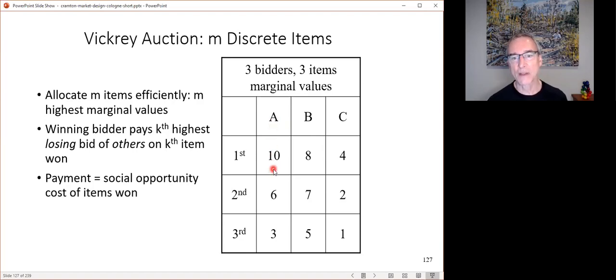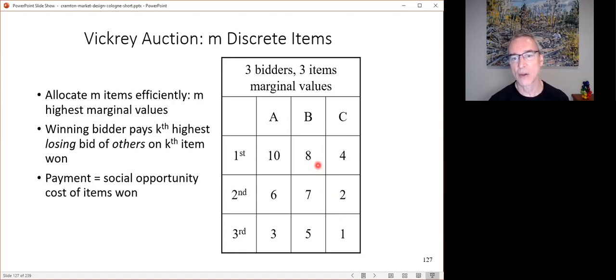So when bidder A wins this item, that's actually preventing somebody else from winning. So you think about what the opportunity cost is, what bidder A's winning that item cost bidder B and C, the rest of society. And so we just look at bidder B and C and look for the next biggest number.